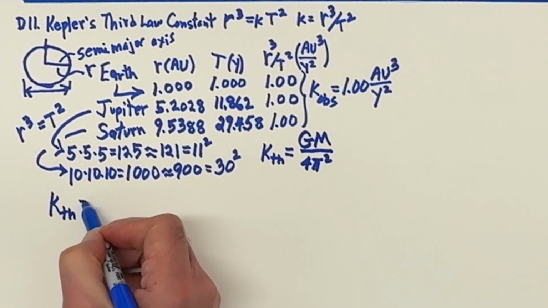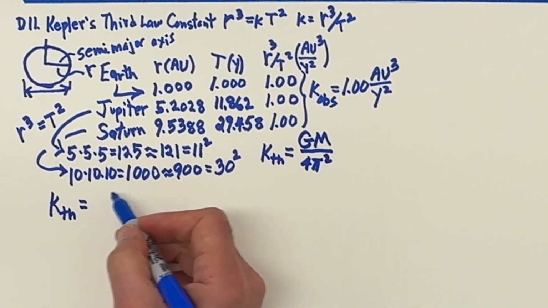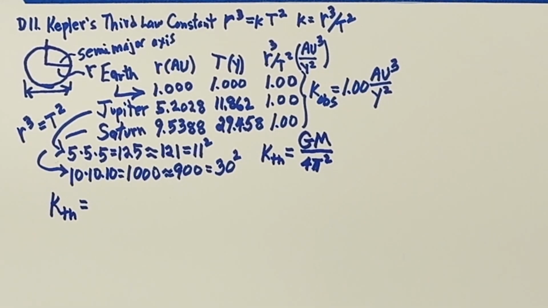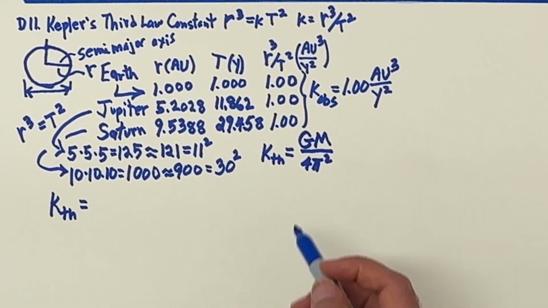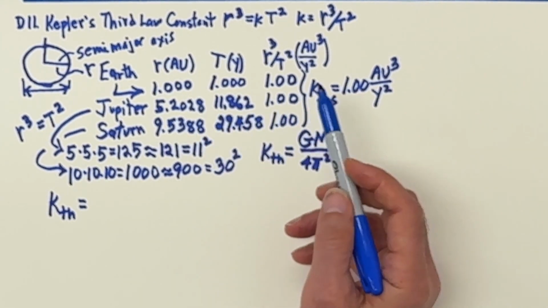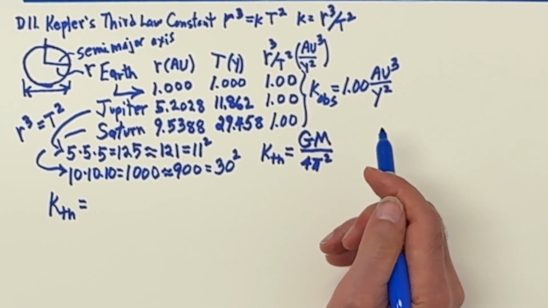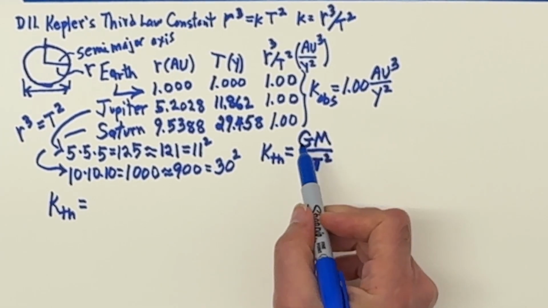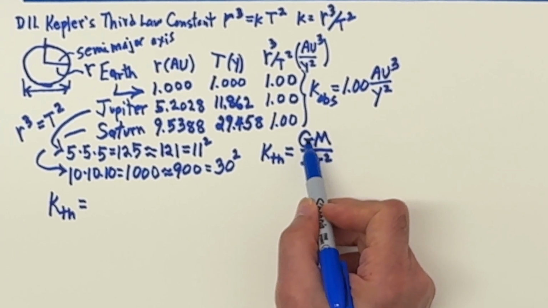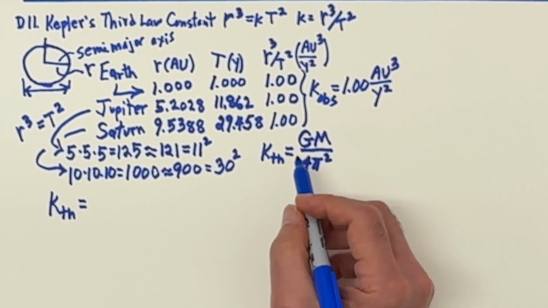So the theoretical K is, now G, we had to wait for G to be measured 7 decades after Newton passed away. So at the time, they didn't really know what G was to any precision. And you could say, well, we could use Kepler's law in reverse and find out G, an estimate, but we're going to use the modern value for G and work with that value.